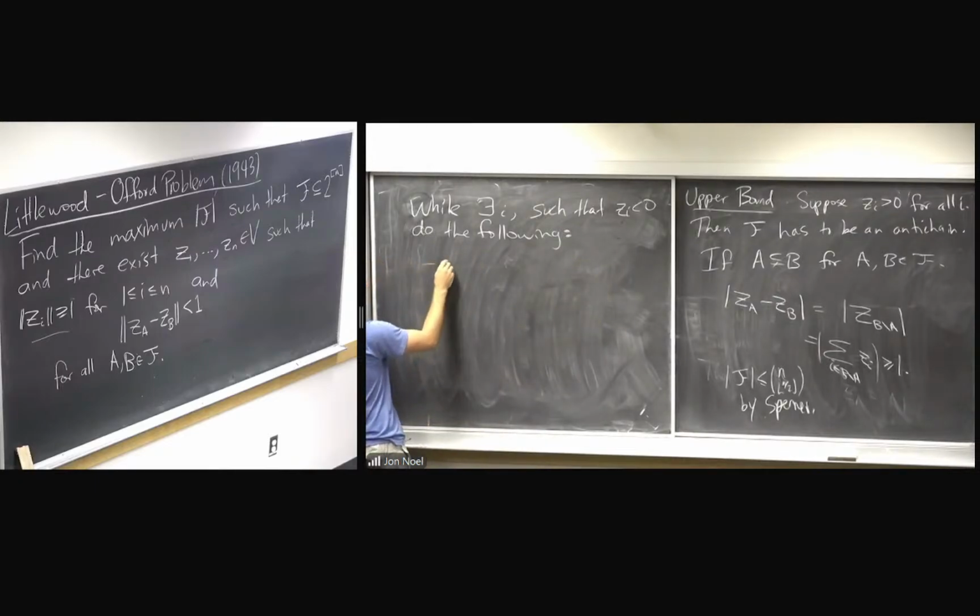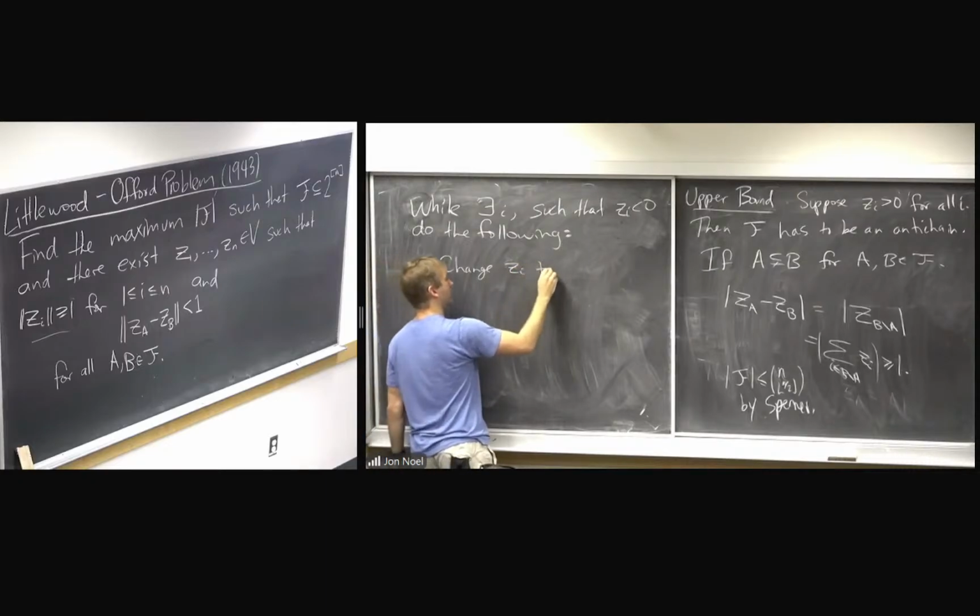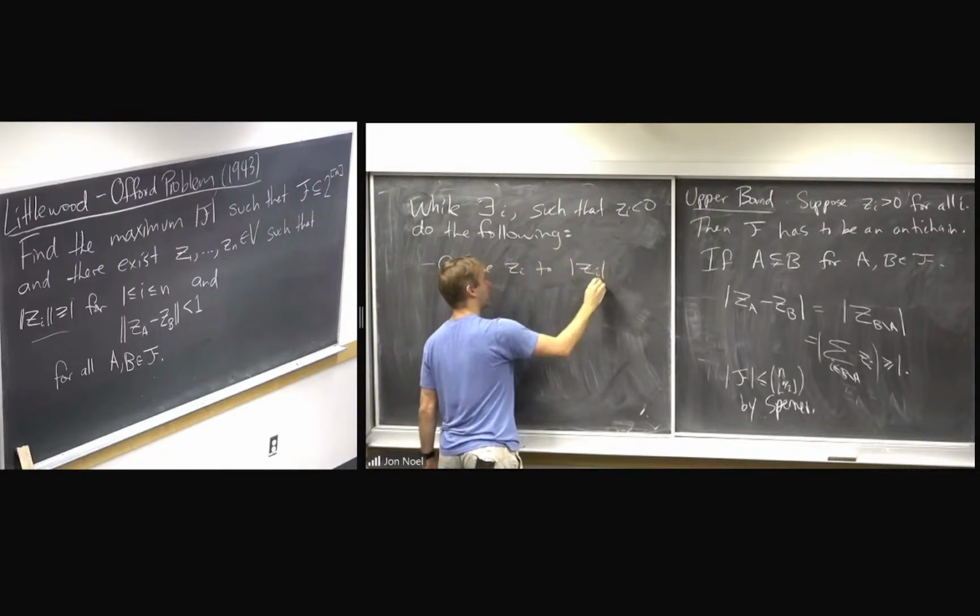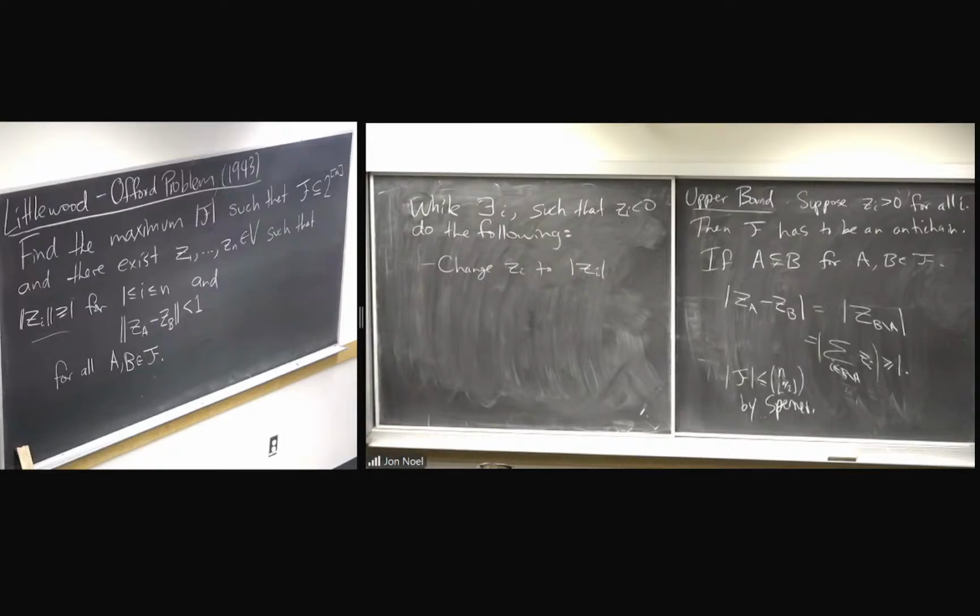That doesn't mess up the condition that the absolute values of all the things are bigger than 1, but it messes up the subset sums.